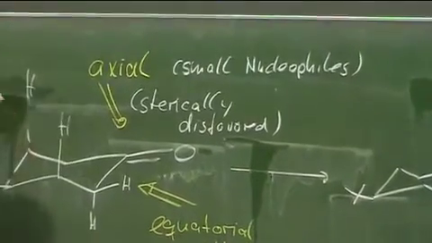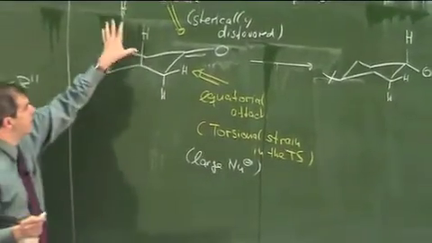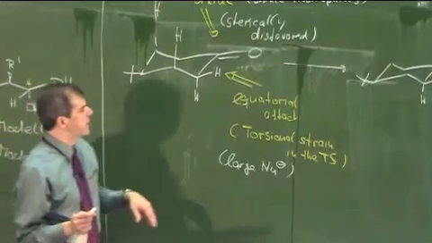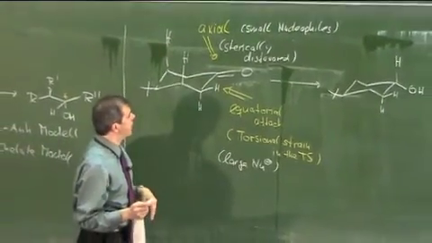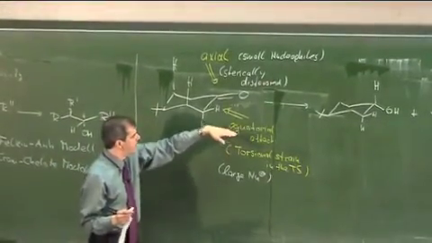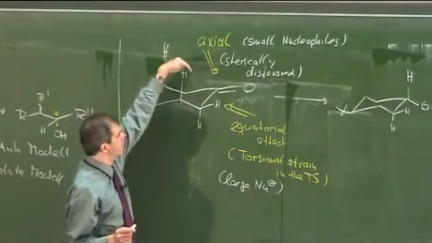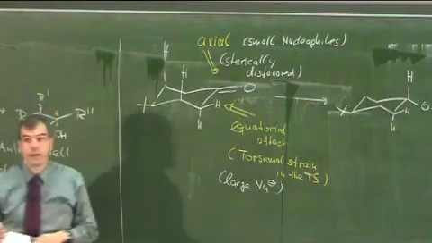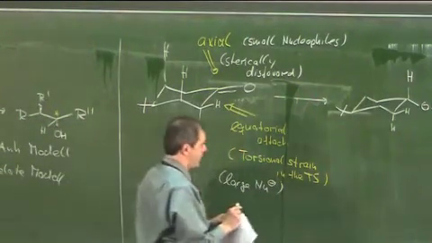Small nucleophiles, because they are not really hindered by the axial hydrogens here, and therefore the steric interaction is not as severe. Large nucleophiles are hindered by the hydrogens here, so they come equatorial. However, if they come equatorial, torsional strain is built up. So it looks like if the steric hindrance is not there, to avoid this torsional strain, the axial position is preferred.